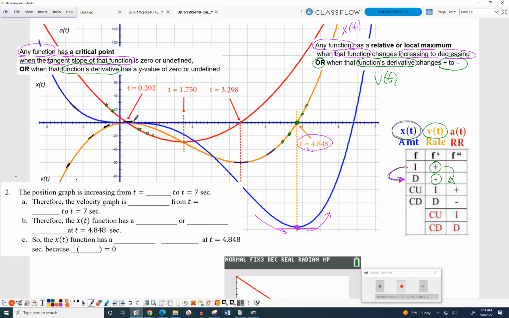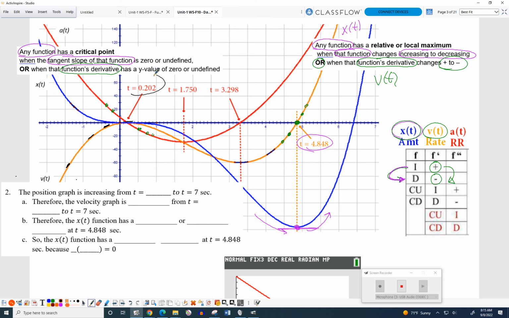So going back to 2 points for Tara, Jackson's question, if you're looking at velocity, that spot where you see the velocity having a tangent slope of 0, let's vote. So right there where you see velocity having a tangent slope of 0, which of these has a critical point at that time?